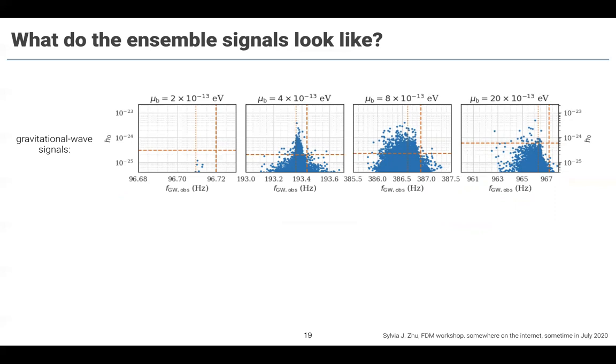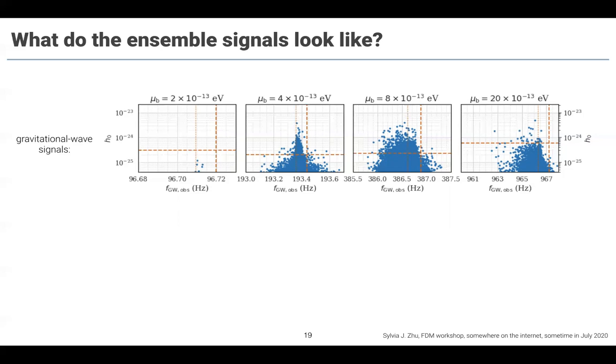Again, each dot represents the signal from a single black hole boson cloud system. These are the annihilation signals. For all of these, the vertical axis is the characteristic strain, how strong the signal is, and the horizontal axis is the frequency that we would observe at the detector. And the horizontal orange line is the approximate search sensitivity at that frequency.